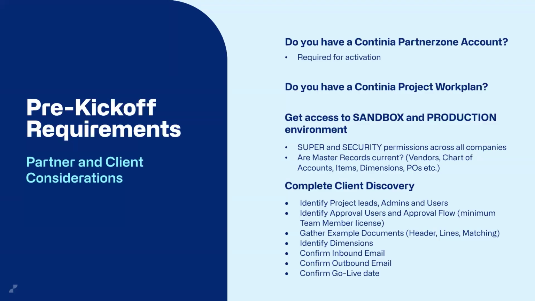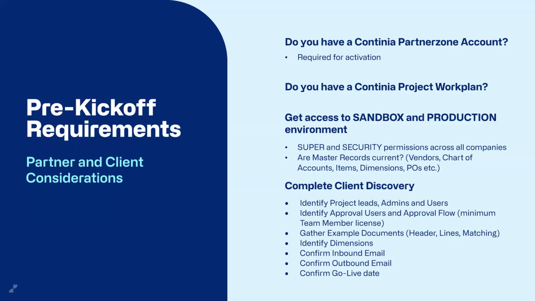We want to make sure that we're gathering example documents. This is vitally important for document capture, as I'll discuss later on. You want to identify the dimensions that they want to use. We want to identify the different types of emails that they want to set up. So for document capture, there should be an inbound email and an outbound email. The inbound email is what they give partners and vendors to submit those PDF files into the system.